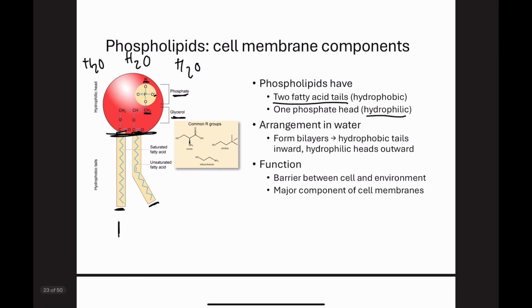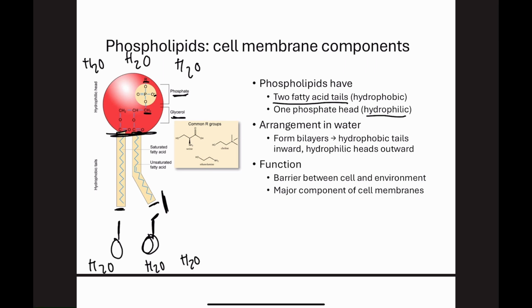So when we have a phospholipid bilayer, we have two fatty acids. One of them is always going to have a kink. And then we're going to have them be structured like this. The two hydrophobic tails, they are near each other. And the hydrophilic heads, they are going to be surrounded by water.